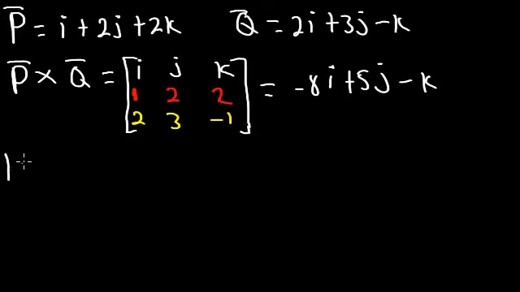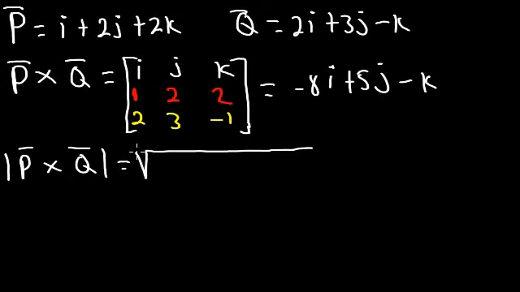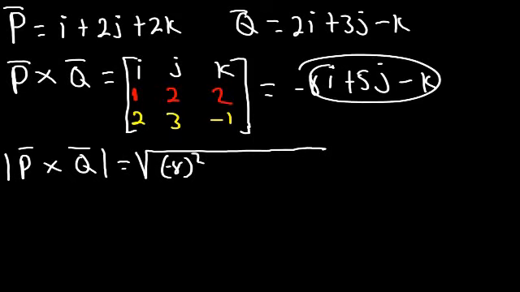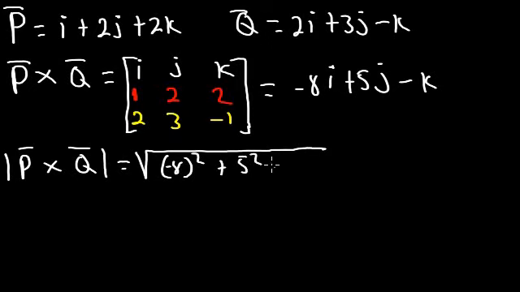To determine the magnitude of the cross product of the two vectors p and q, all we need to do is to take the root of the sum of the square of the components present in that vector. So the components are negative 8, positive 5 squared, then negative 1 squared.